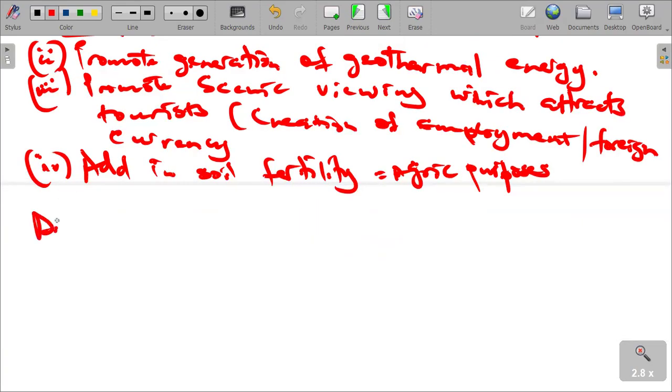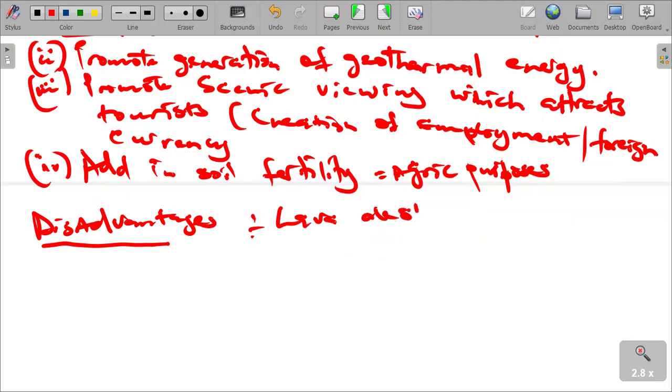Let's look into disadvantages. The disadvantages that we can have as a result of this: the lava flows destroy crops and livestock.